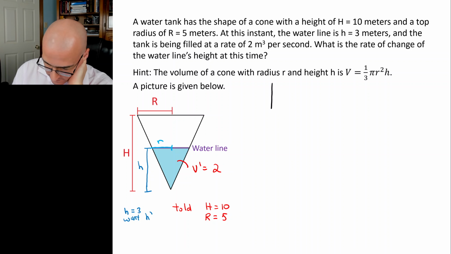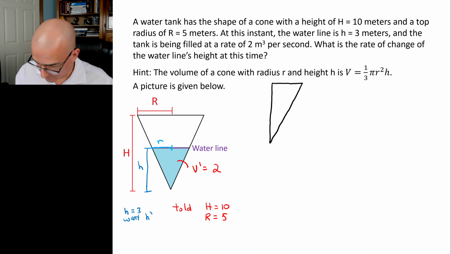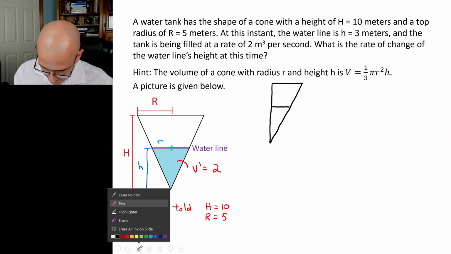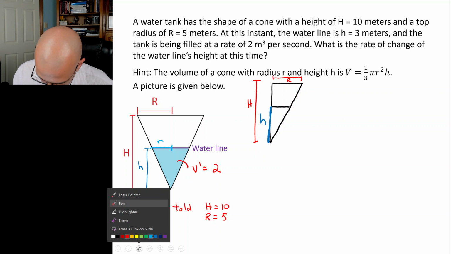I'm going to draw a triangle. And I draw a little triangle inside there. And I'll start labeling the sides. So this side is H. This big side is capital H. This big side there is R, capital R. And this side going left and right is little r.